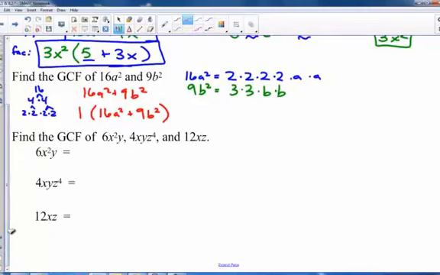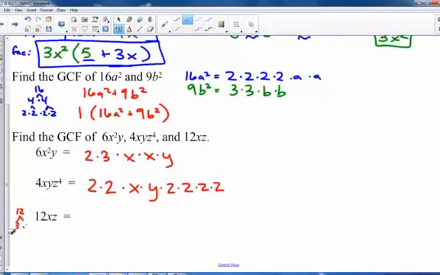Okay, now we've got 3 things. So we've got the 6, which is 2 times 3. We've got 4, which is 2 times 2. And we've got the 12, which is 3 times 4. 4 is 2 times 2.